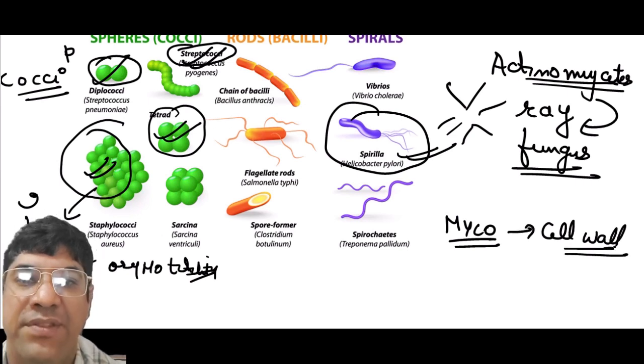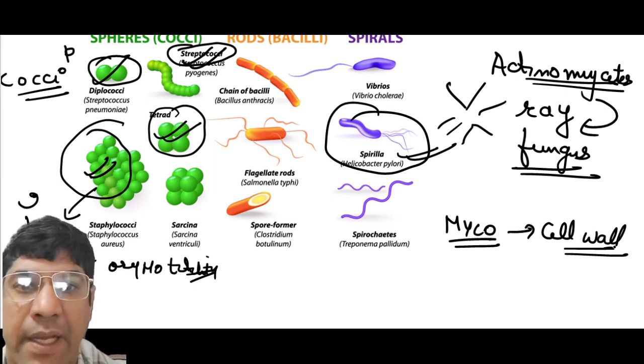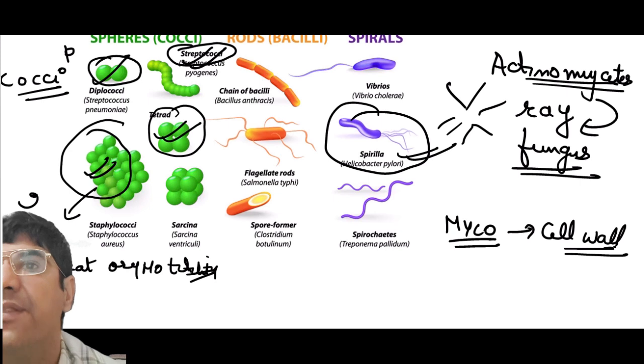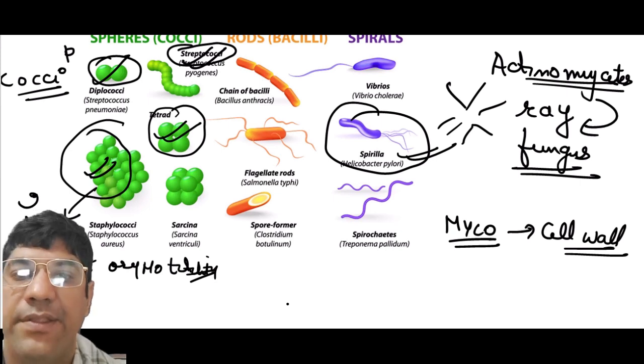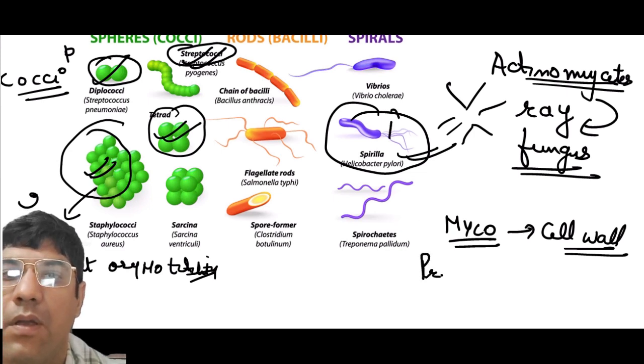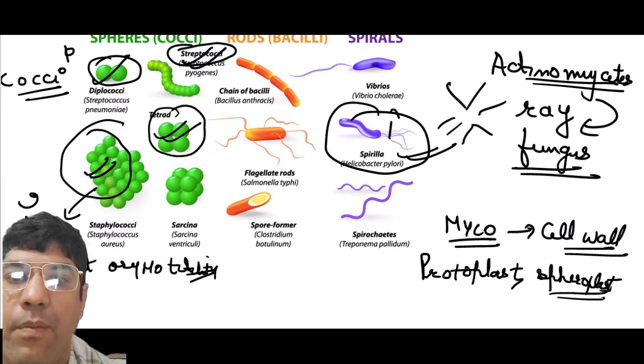When cell wall synthesis is disrupted due to factors like antibiotic exposure, the bacteria may lose their shape and form. What is that known as? Protoplast, spheroplast, or L form.